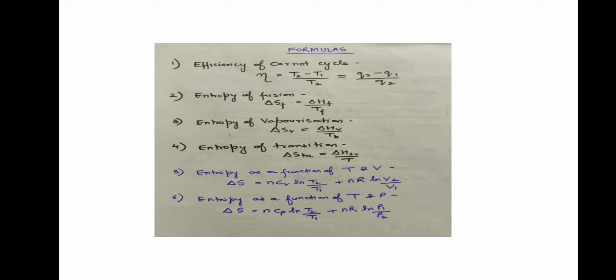Next, entropy as a function of temperature and pressure. That is, delta S is equals to N Cp ln T2 by T1 plus N R ln P1 by P2, where Cp is your heat capacity at constant pressure.